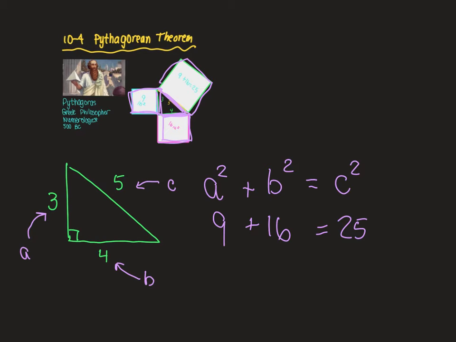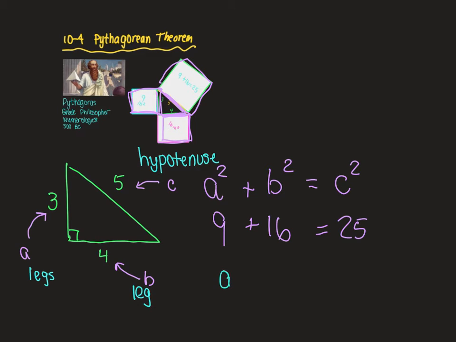More vocabulary words. A and B are called legs. C has a really long, weird H word, hypotenuse. Hypotenuse.